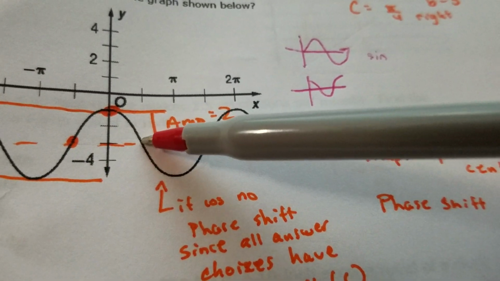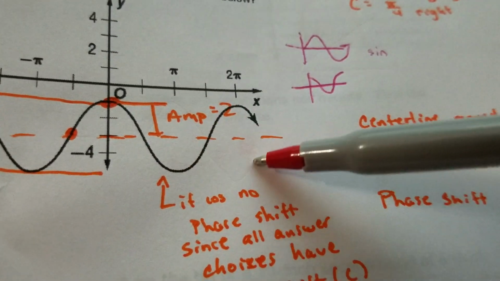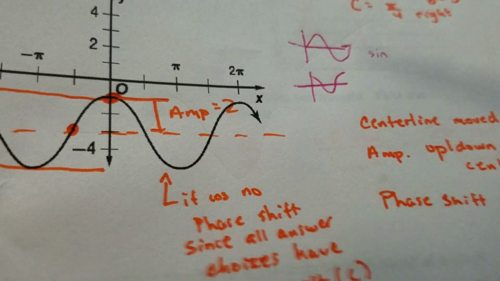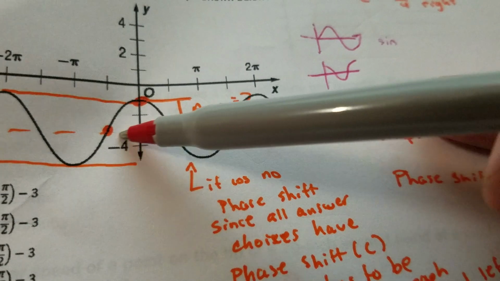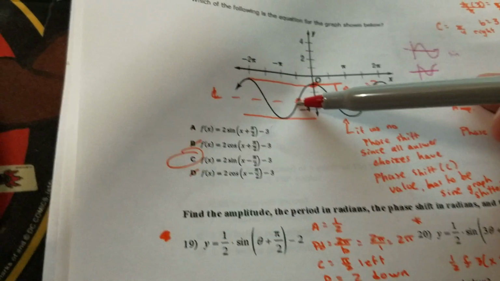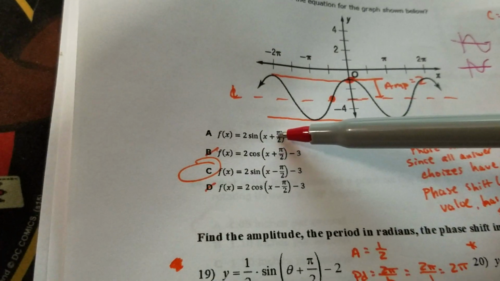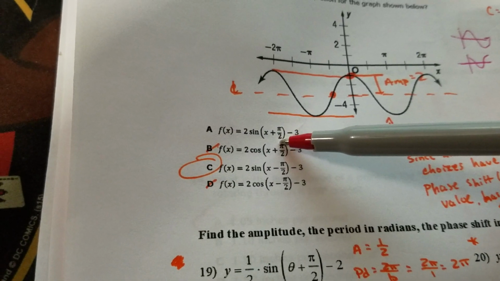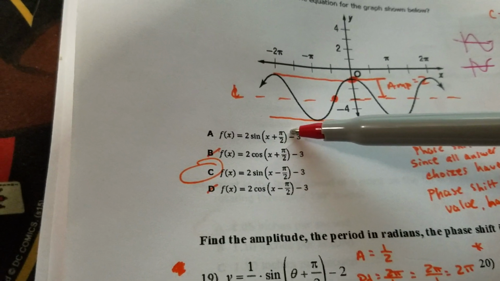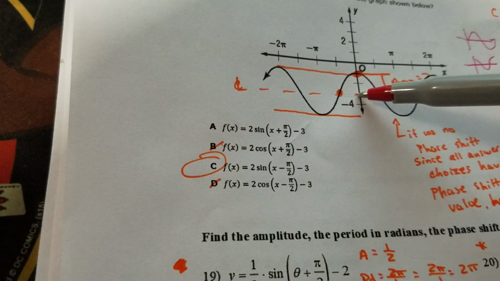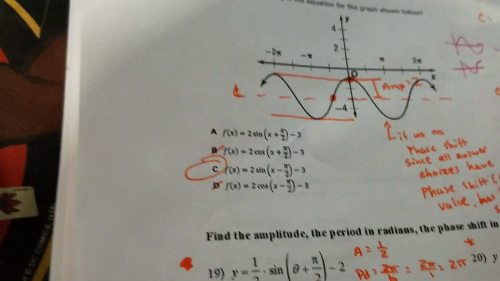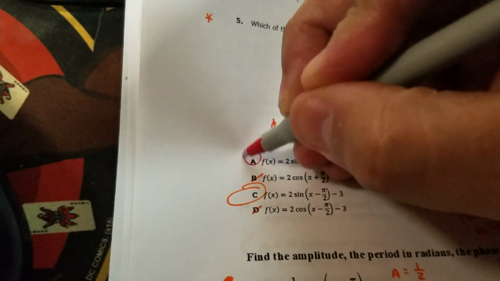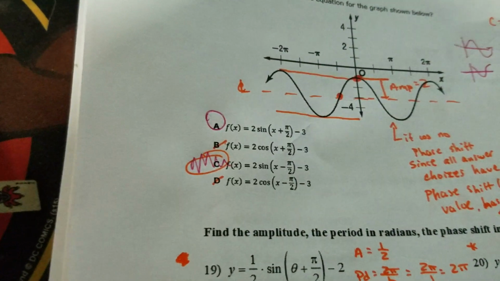Had it shifted to the right, then the graph would have looked like this, something like that, okay? But because it's this way, that means it shifted to the left, which means this is a plus sign. Oh, I marked the wrong one. I'm sorry. So a plus sign means I shifted to the left, so the answer here is A. Not C, sorry. My fault.